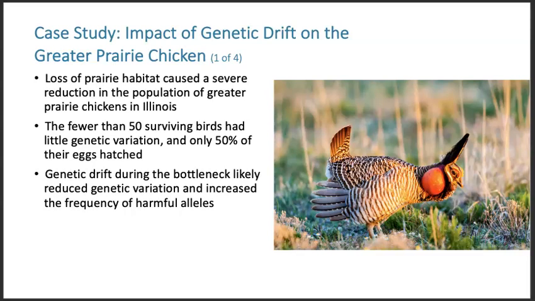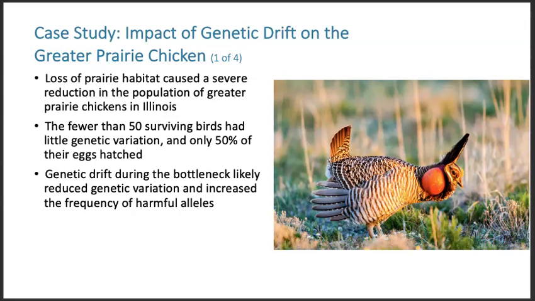So what caused this bottleneck effect was the loss of the prairie habitat due to increased farming. Reducing prairie habitat reduced the population of this prairie chicken that lived in this habitat. And this is a native of America. This prairie chicken, which looks a lot like a domestic chicken, had lived in American prairies for millions and millions of years.